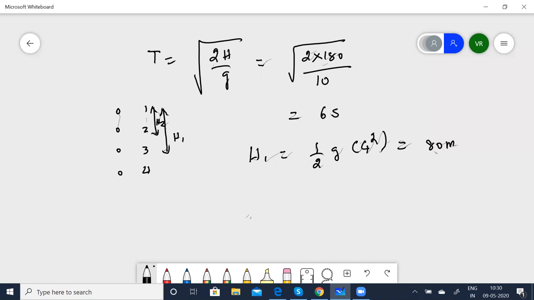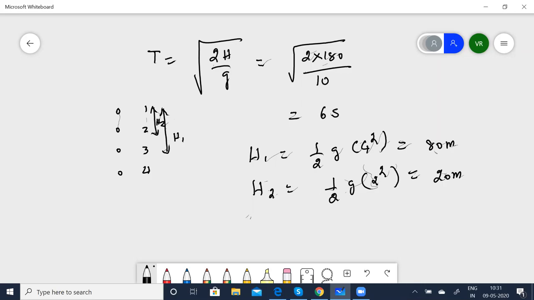In the same way, for the second, it is given for 2 seconds. So h2 is half g into 2 squared, which gives you 20 meters.